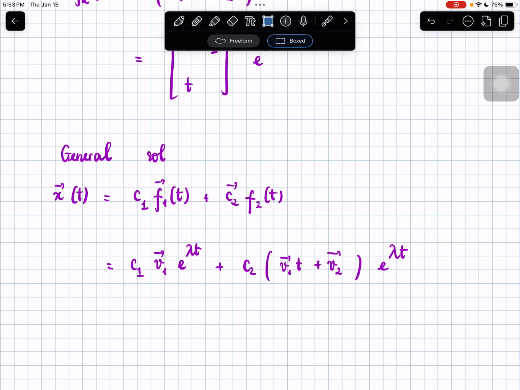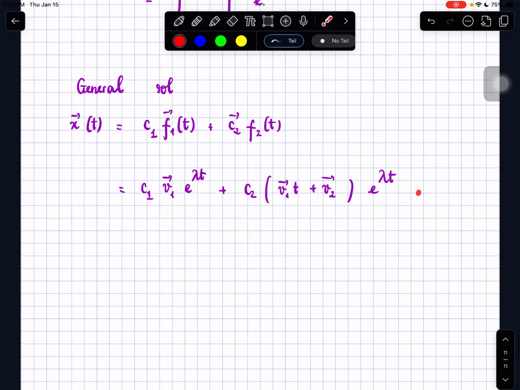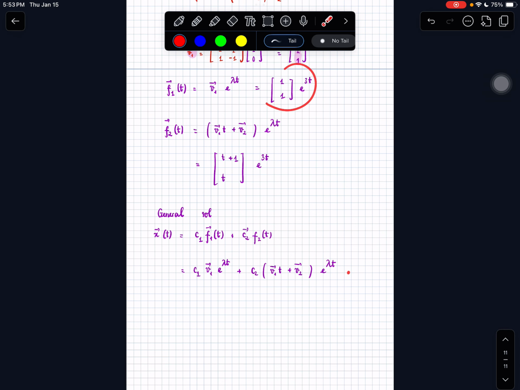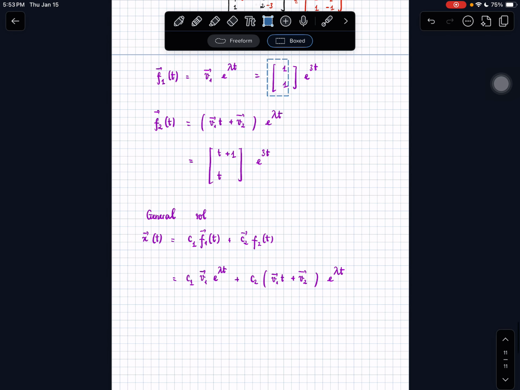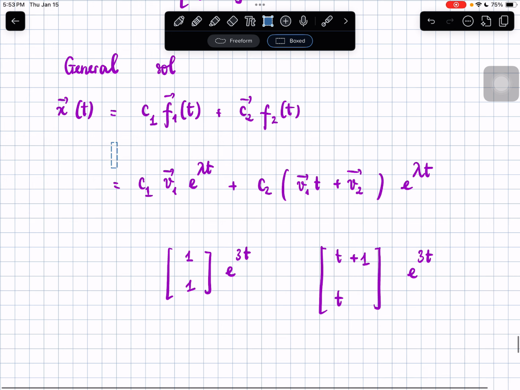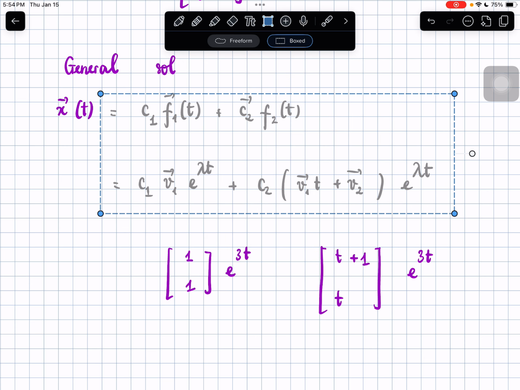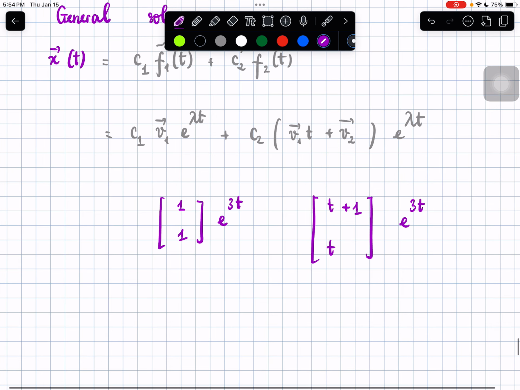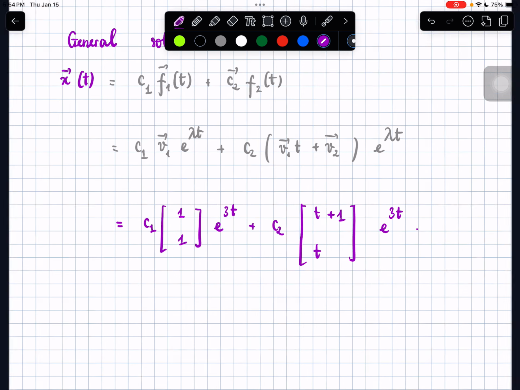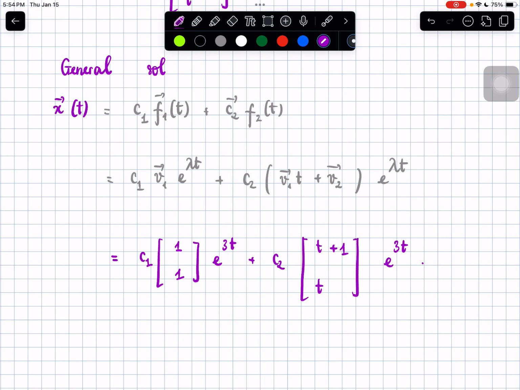This is the solution in the general case. In our case, V1 is 1, 1, and you just plug it in here. F1 is this, and F2 is this. For our solution, it is C1 times this plus C2 times this. So we are done with the general solution.